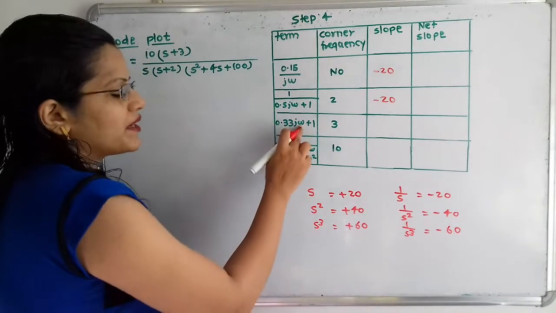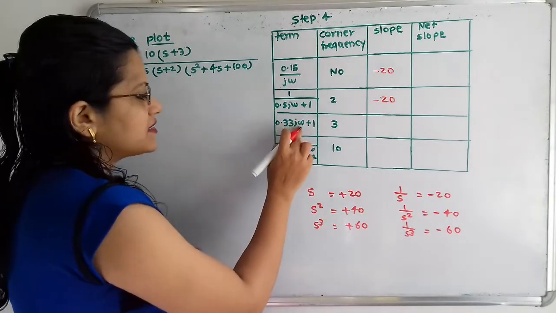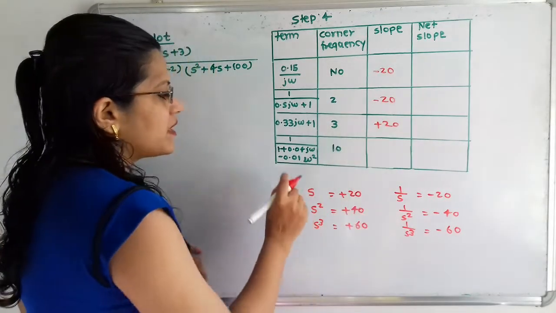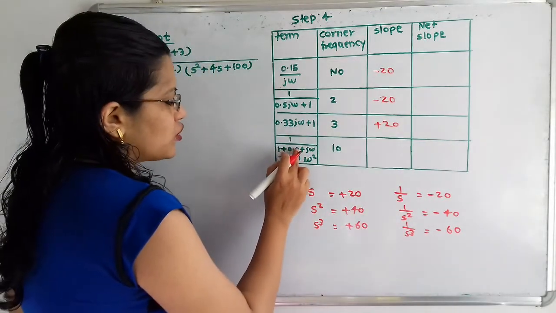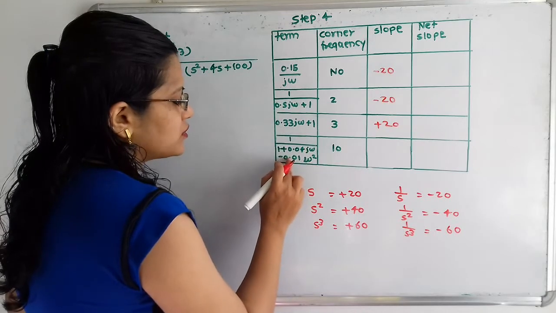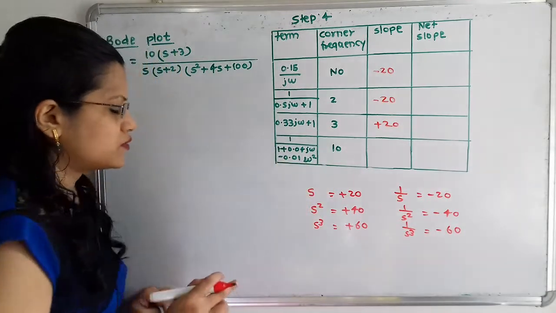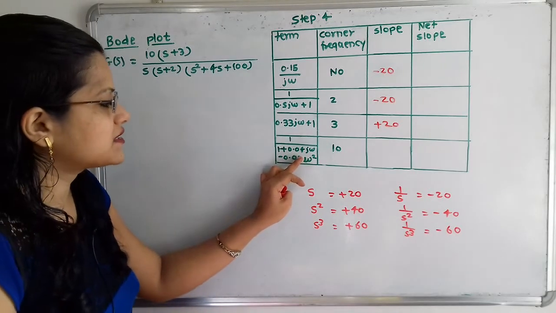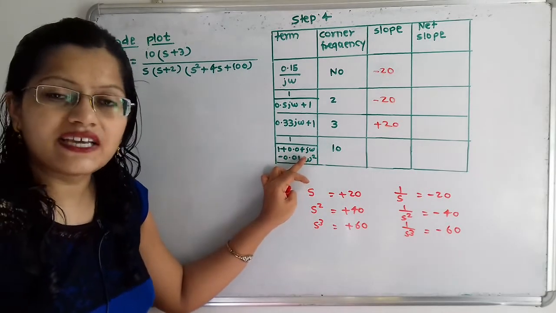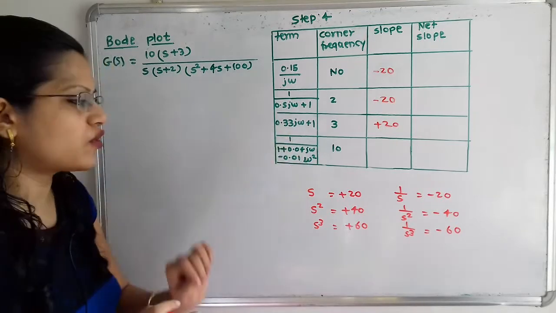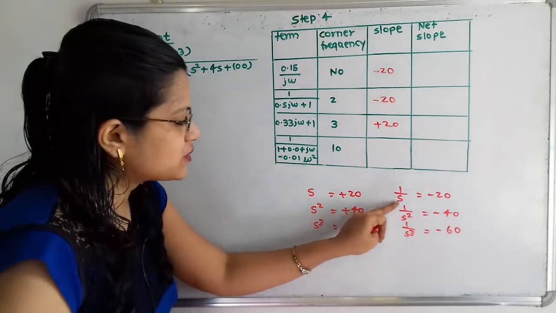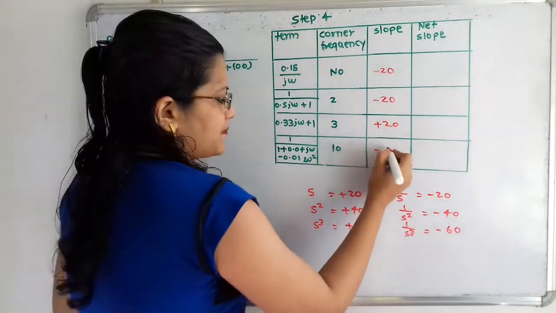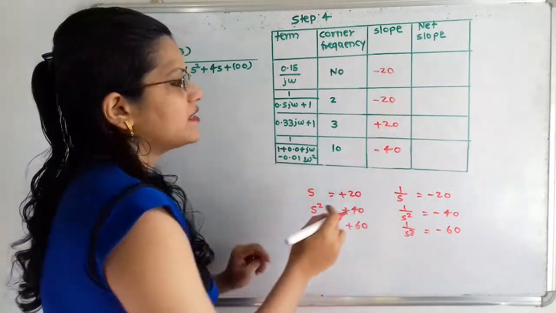Instead of j omega we can write s, and here s is in the numerator, so we take the slope as plus 20. And here 1 plus 0.04 j omega minus 0.01 omega square. The minus sign is there instead of j square, so we can say that j square omega square, that is the square term, is in the denominator. When the square term is in the denominator, the slope is minus 40. So these are the slopes.